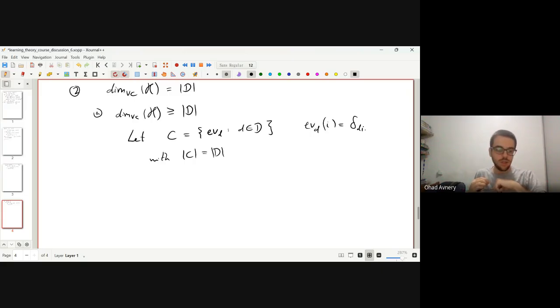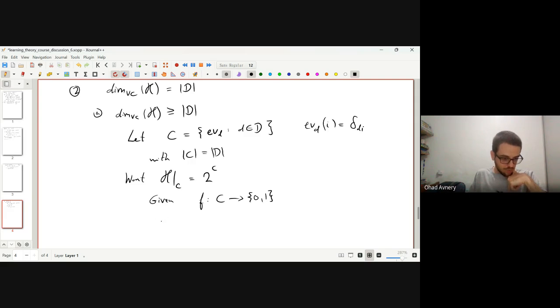Yeah. And now we claim that the set of hypotheses restricted to C is exactly the set of all functions from C to {0, 1}, which means that given a general function f from C to {0, 1}, we need to construct an explicit conjunction that matches all of these elements.